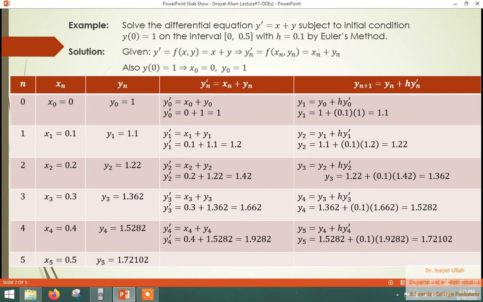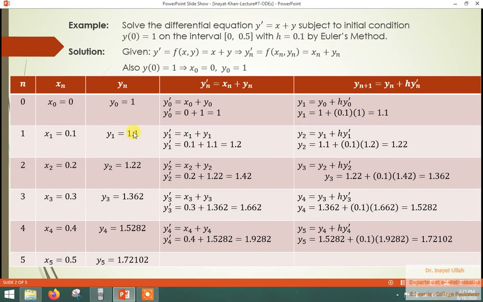Now whenever n is equal to 1, that will become x1, and x1 is 0.1 because of step size, adding 0.1 to 0, so that is 0.1, and that will become y1. You have calculated y1 by Euler's technique, y1 is equal to 1.1.